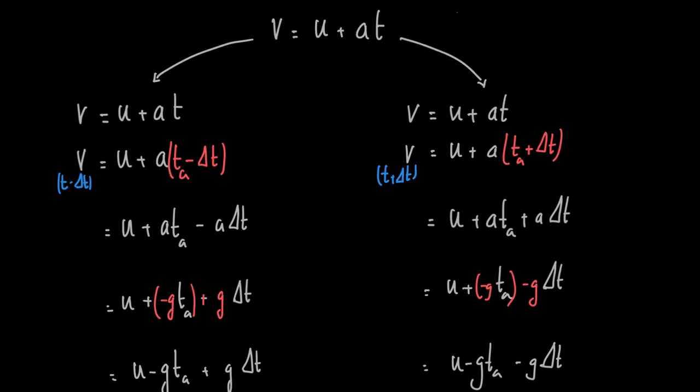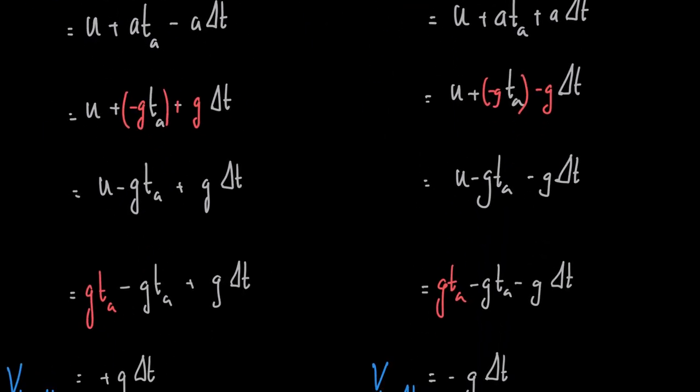So a into TA minus delta T is minus g TA plus g delta T, and a into TA plus delta T is minus g TA minus g delta T. So we have u minus g TA plus g delta T, and u minus g TA minus g delta T. So the only difference here is plus g delta T and minus g delta T.